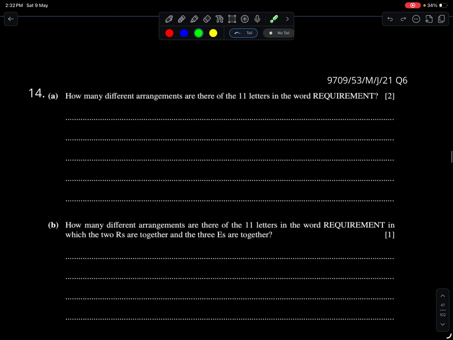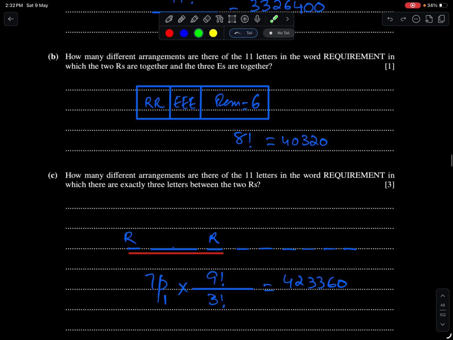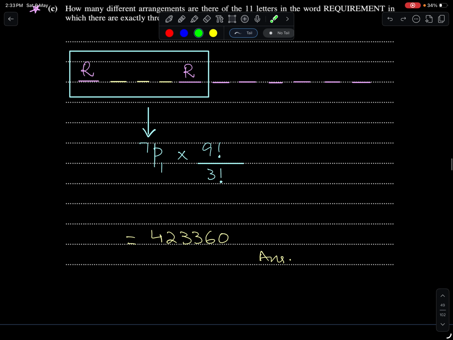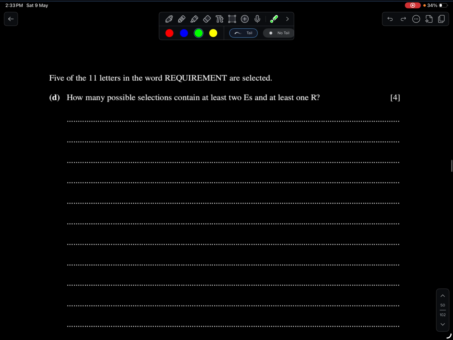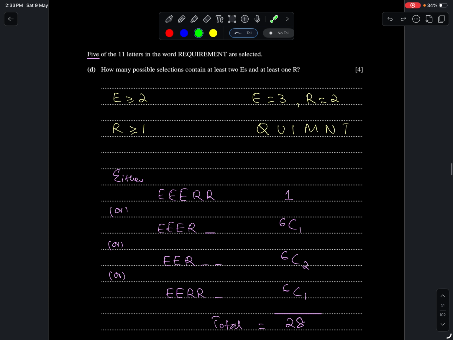Right? Now, let me find a question which is just pure selections. Yes, this question. In this question, I will not write C for identical objects. See, there are 3 E's, 1 R. I have altogether 3 E's.